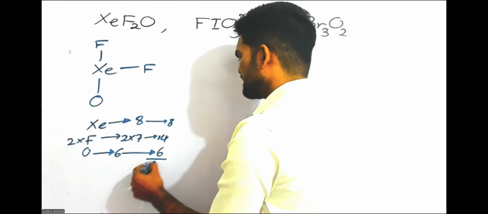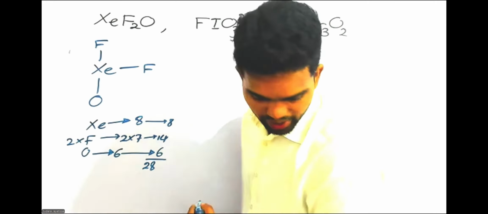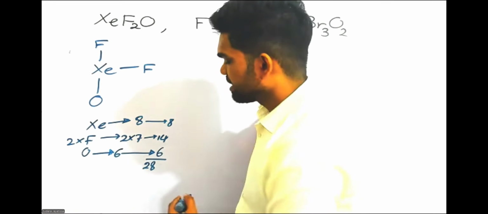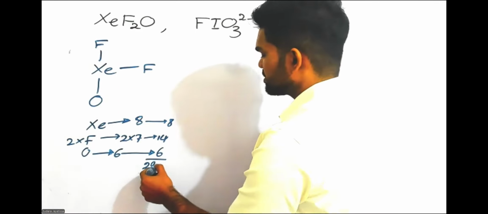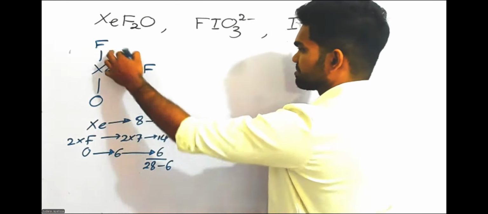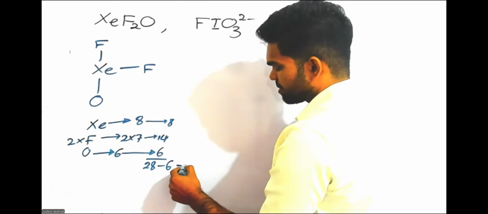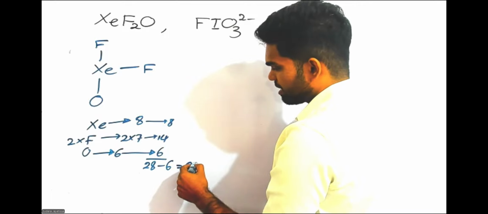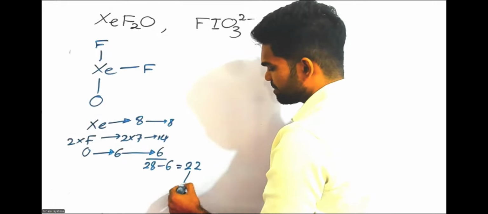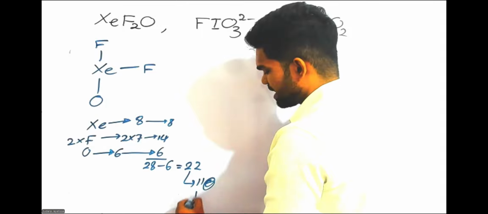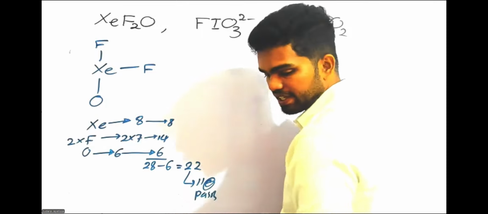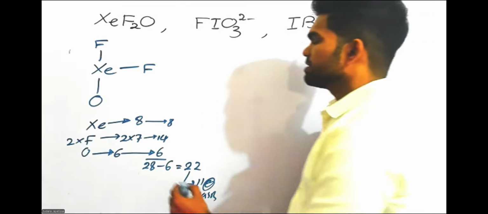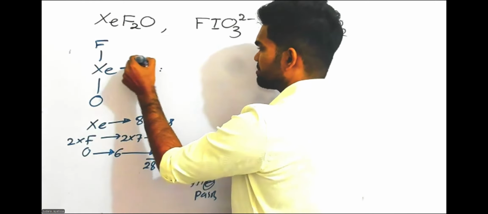Altogether, you have 28 electrons. From those 28 electrons, you have represented 6 here as 3 bonds. You have 22 electrons then. That means 11 electron pairs. Those 11 electron pairs you can represent here.